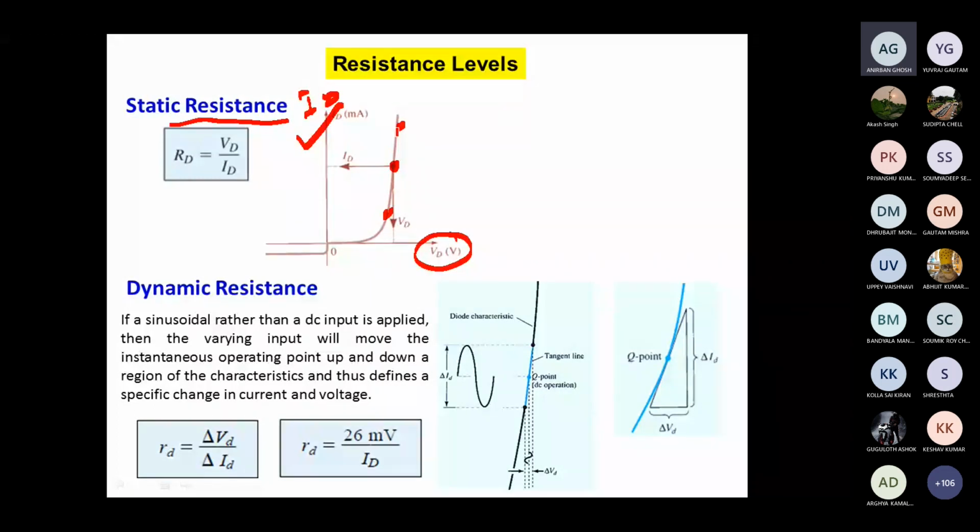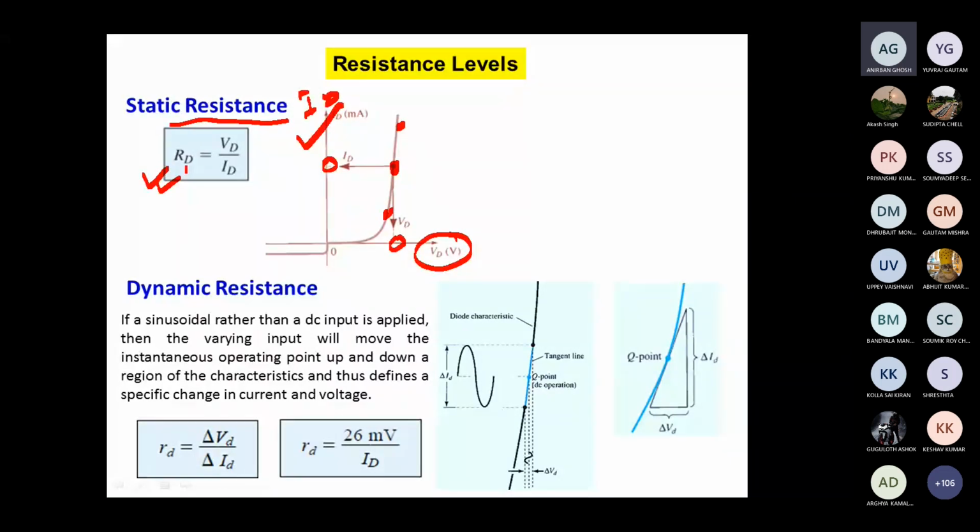Suppose the PN junction is biased with this voltage and you are getting this current, then you can calculate the static resistance RD equal to VD by ID. This is the concept of the static resistance or DC level resistance of the PN junction diode.